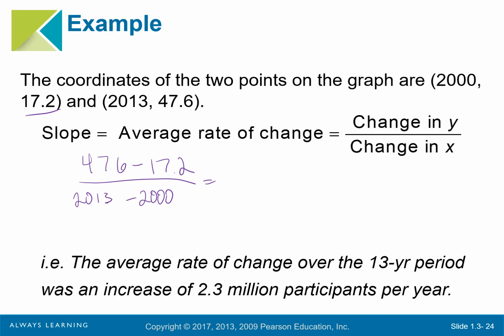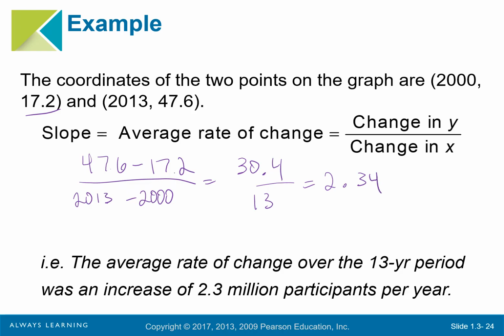Sorry, everybody. Here we go. 47.6 minus 7.2 is 30.4, like I thought. Just want to double check my work, over 13. And when we reduce this, 30.4 divided by 13, we get 2.3.